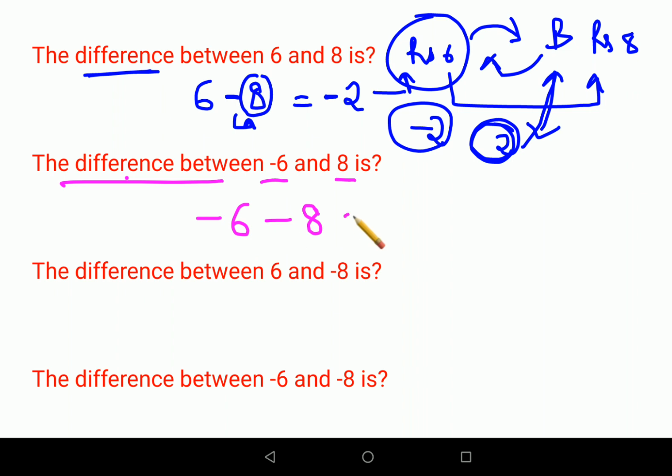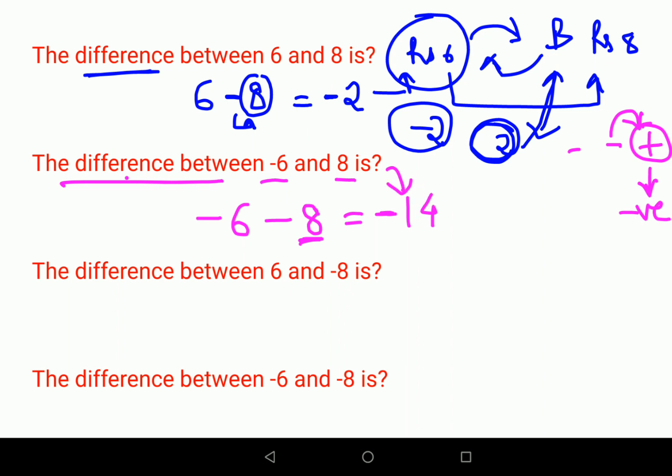Now understand, in mathematics, when you do negative and negative, your actual operation will always be positive, but the final answer will be negative. Here first we'll do 6 plus 8, that gets you 14. But like I said, the final answer will be negative. Why? Because the bigger number is carrying the negative sign. So here the final answer for this one will be negative 14.